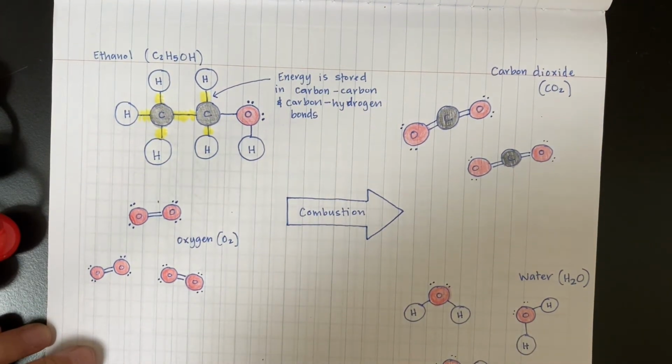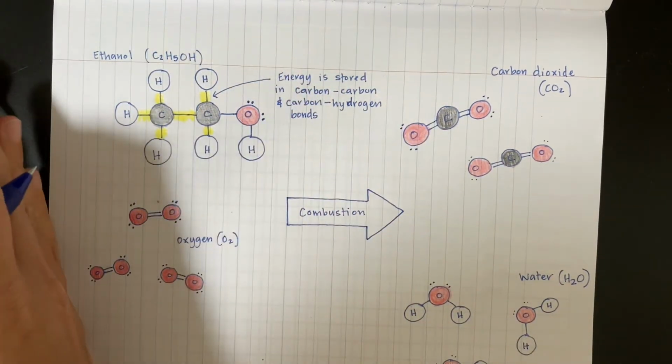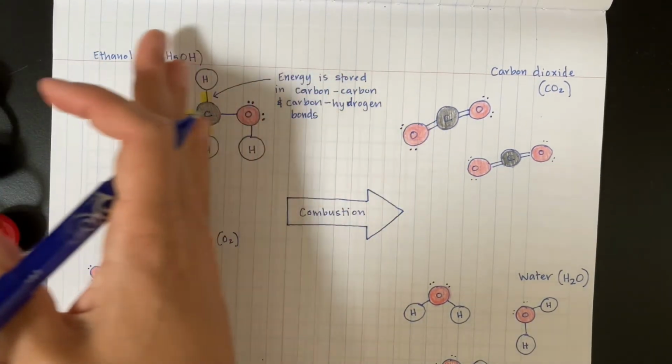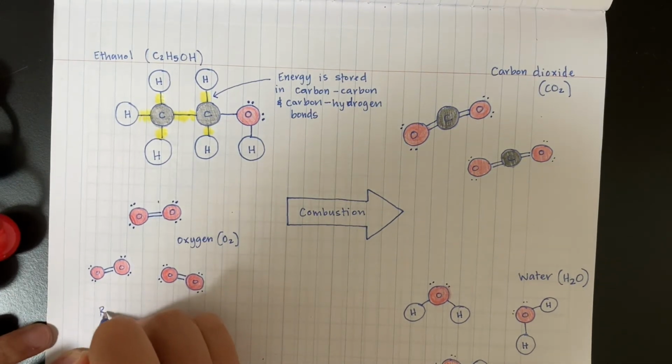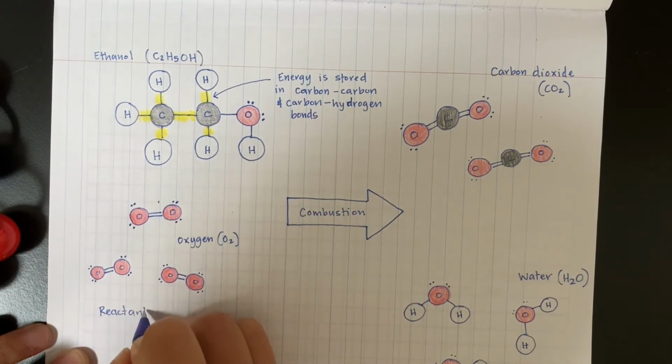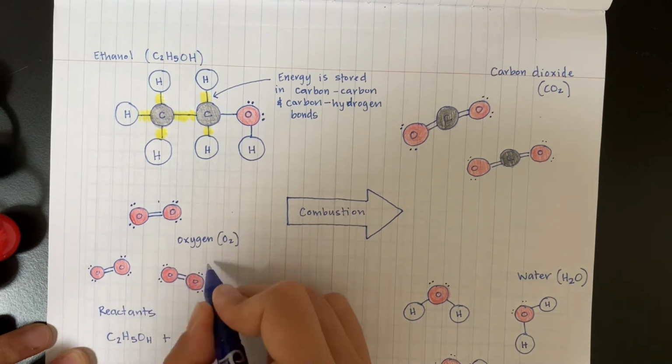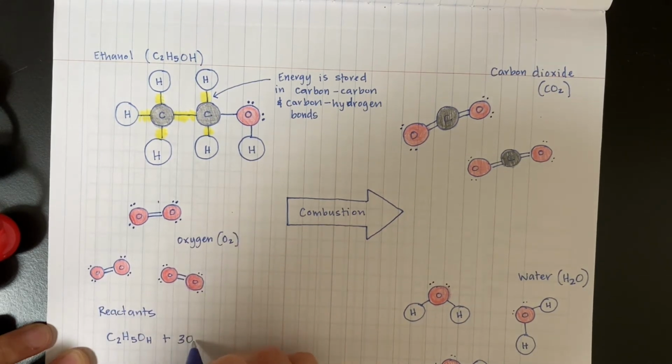And when we're tracing our matter and our energy, it's important that we make sure that we have the same number of atoms on each side of the equation. So this side of the equation is called my reactants. And I've got C2H5OH plus 3O2.